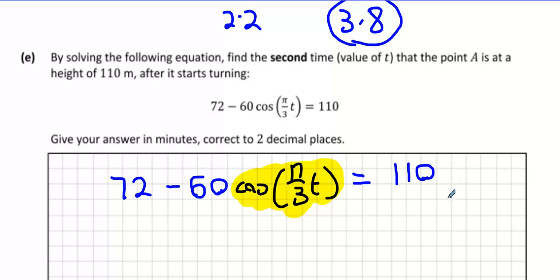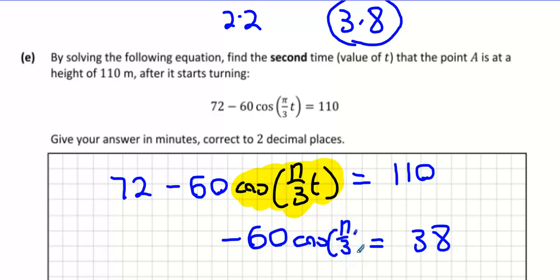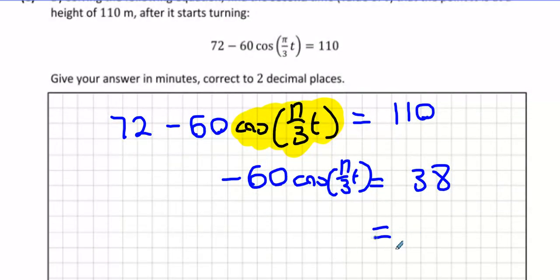What do we get? 38. See that minus 60? Grab that minus 60 and bring it underneath the 38. So you get 38 over minus 60. What do we get? Minus 19 over 30.